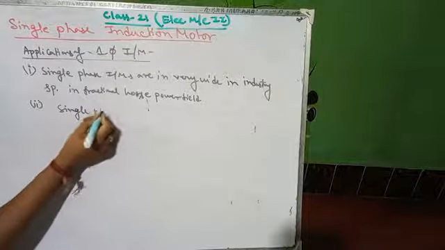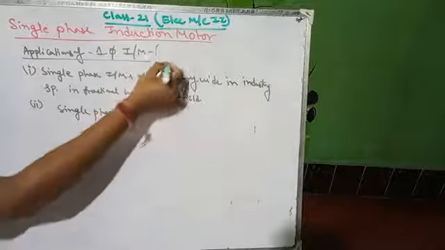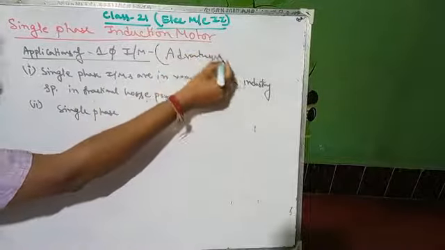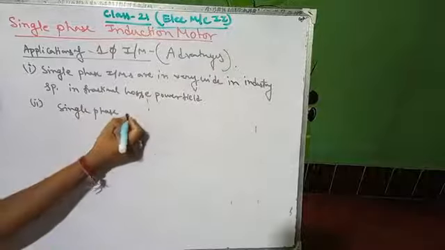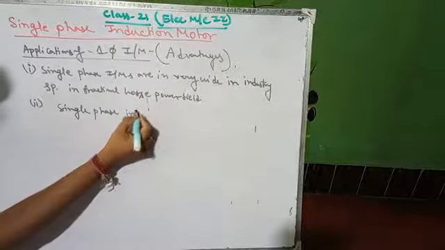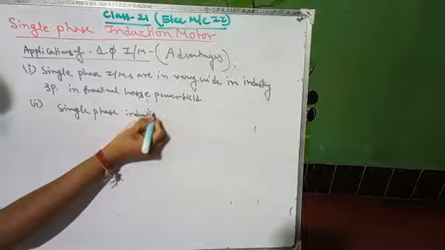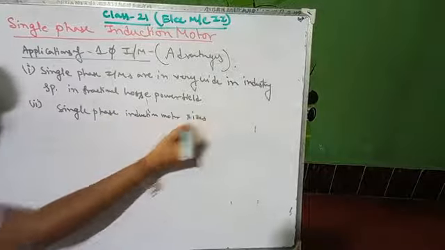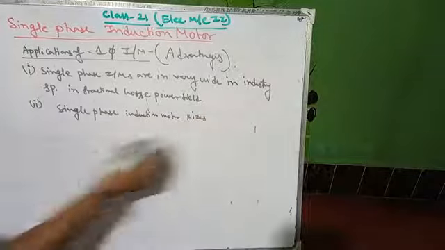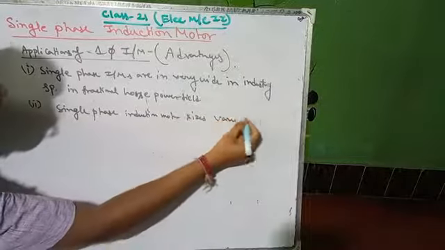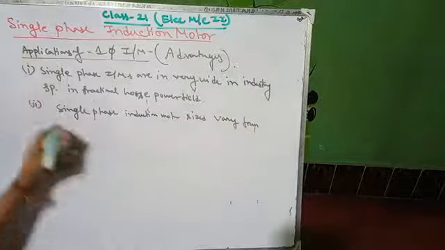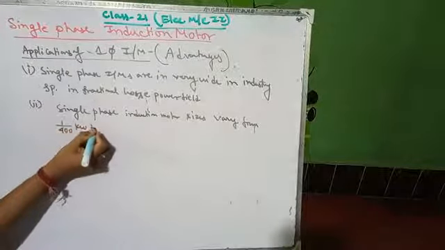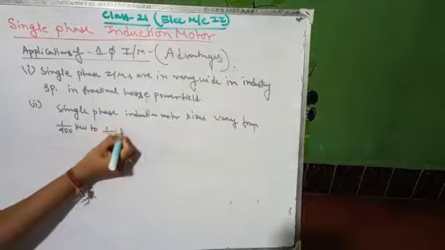Single phase induction motor size. So you have to mention its advantages. Advantages of single phase induction motor. So single phase induction motor sizes vary from 1 by 400 kilowatt to 1 by 25 kilowatt.